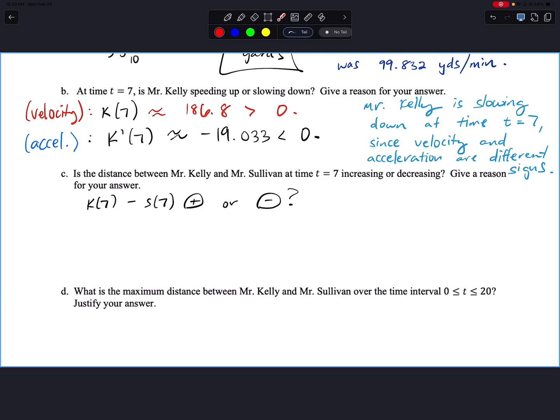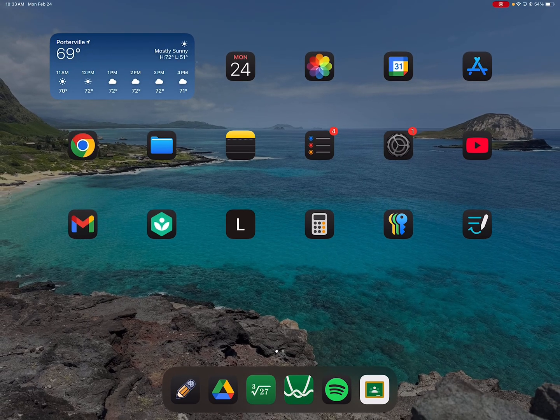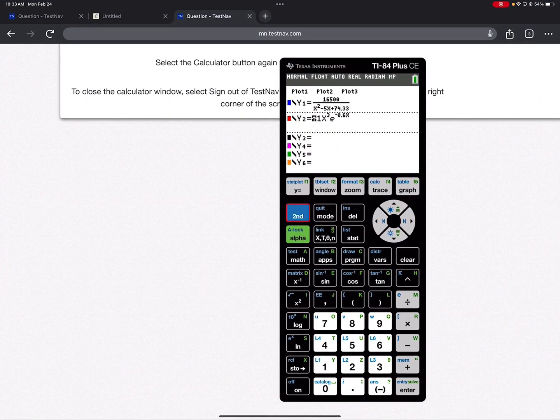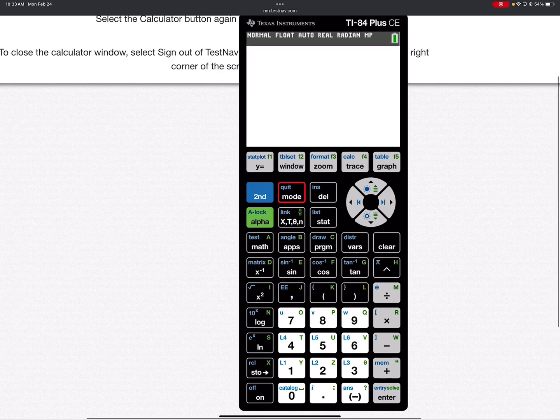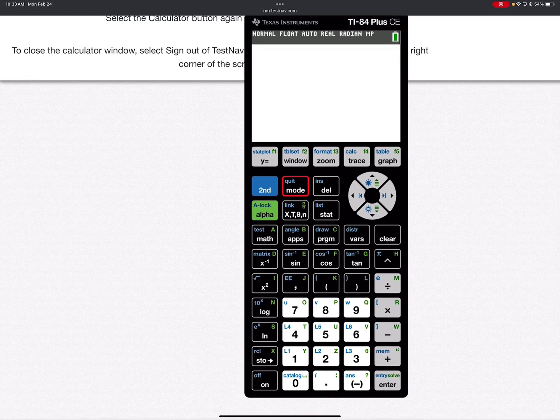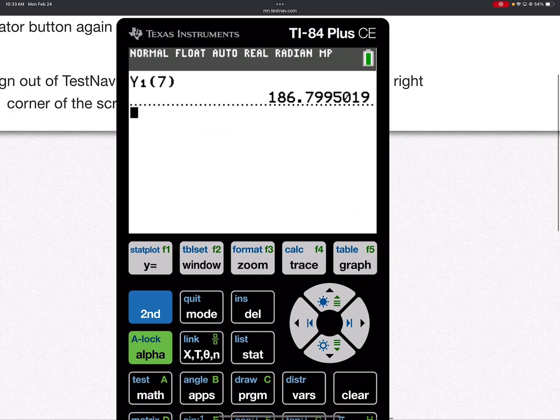Y1. So what you have to do in your calculator right now is go to second, quit. Ask your calculator for K of 7, go to your variables menu, Y1. Ask your calculator what is Y1 of 7. And it should give you that value.